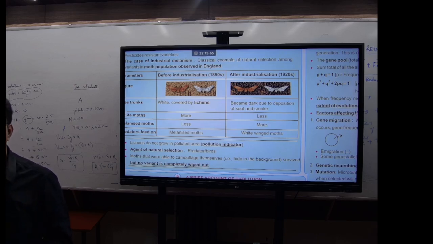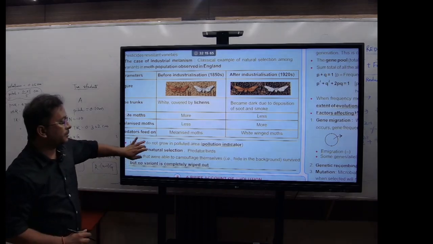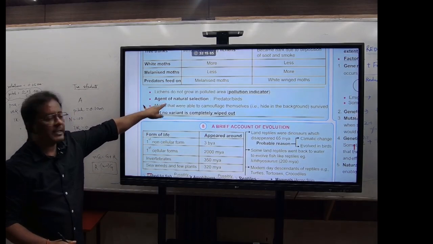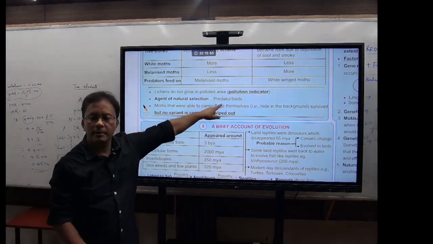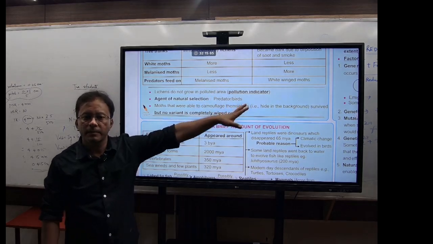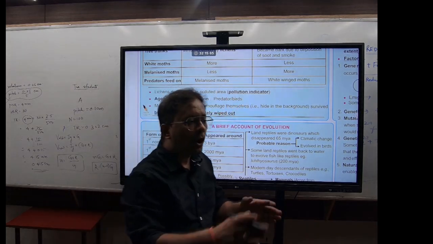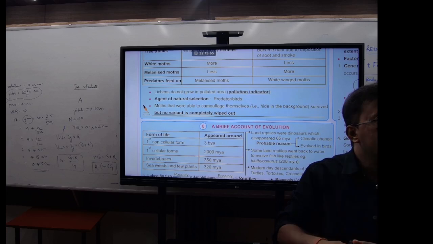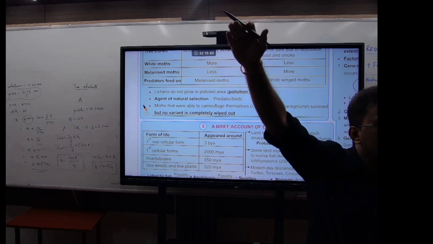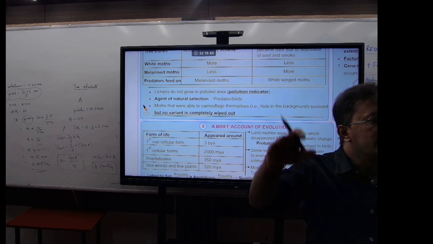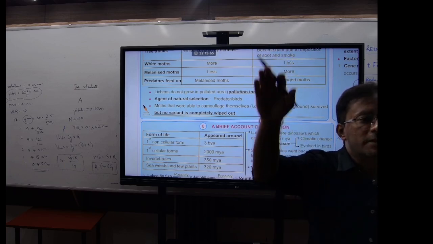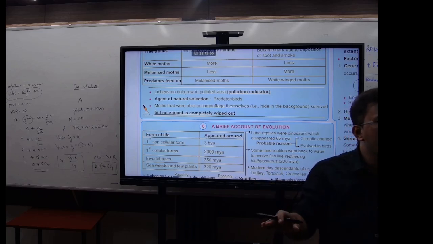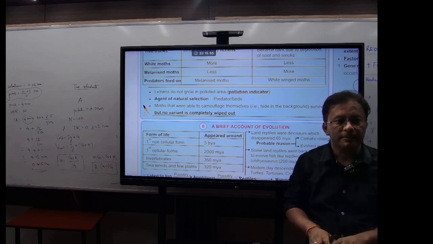So after industrialization, the dark-winged moth population increased compared to the white-winged moths, which suggests the agents of selection here are the birds, not the humans. But in non-industrialized areas, the population of white-winged moths is always higher than the dark-winged moths. So here, nature is playing a role by controlling the populations. This is an example of natural selection.